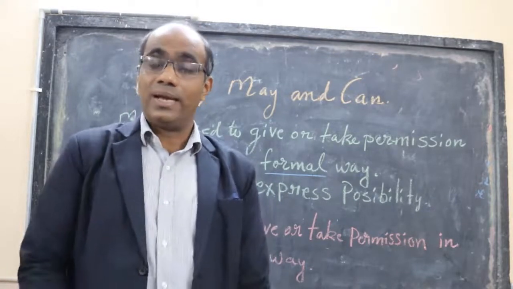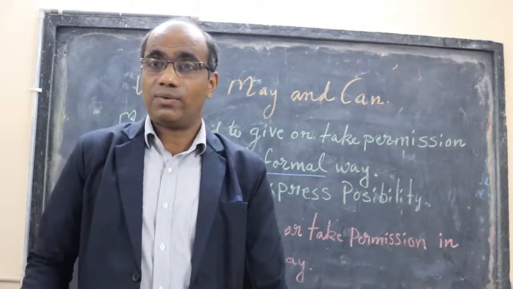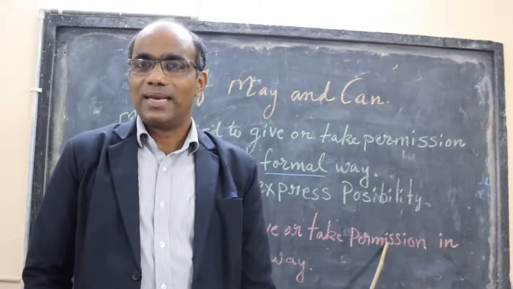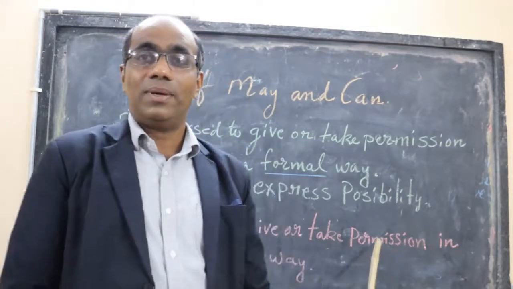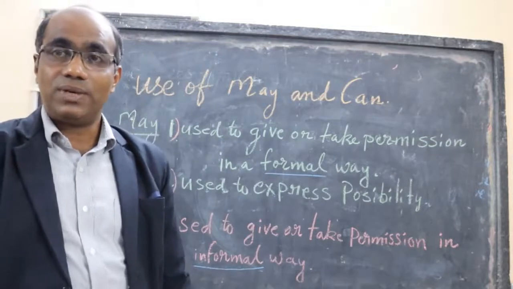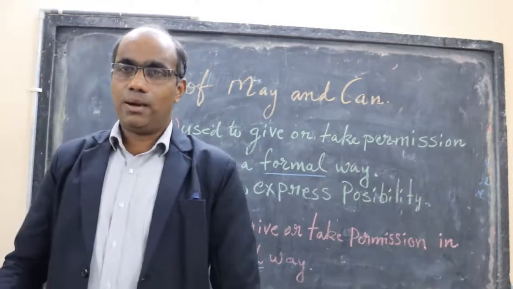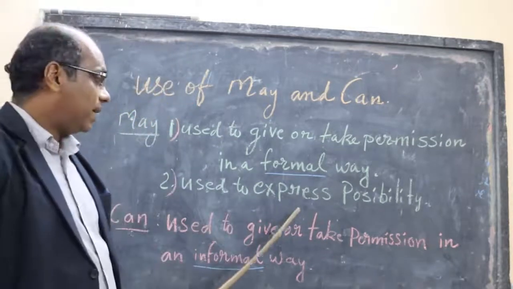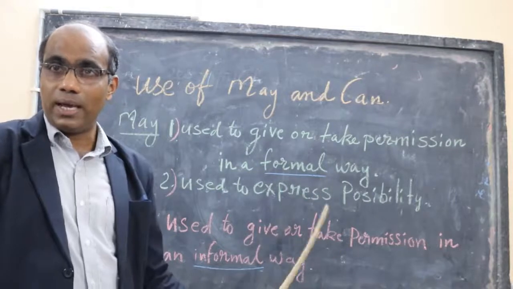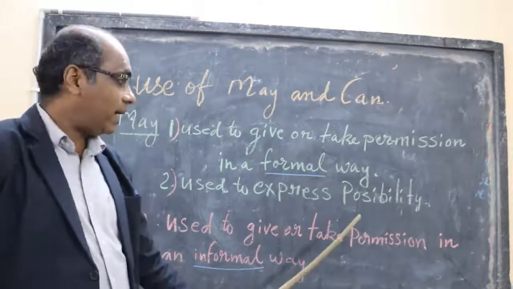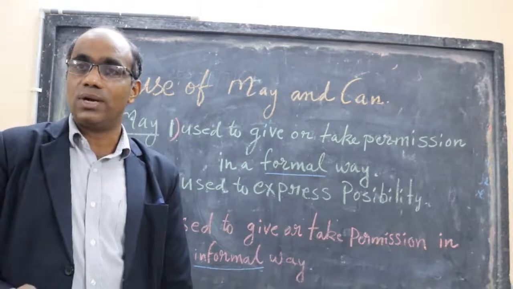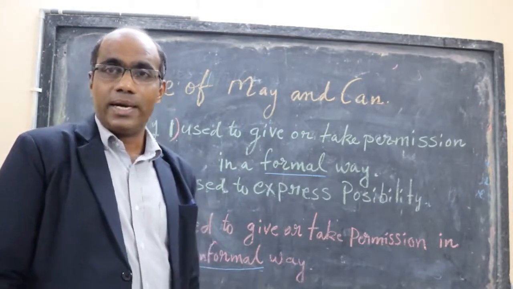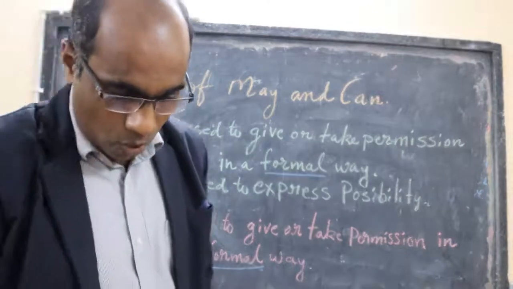Can is not a wrong way of asking, but it is better to ask using may. So we are not going to deal with everything about can and may now. Only three things we are learning about may and can now. Okay, did you understand?